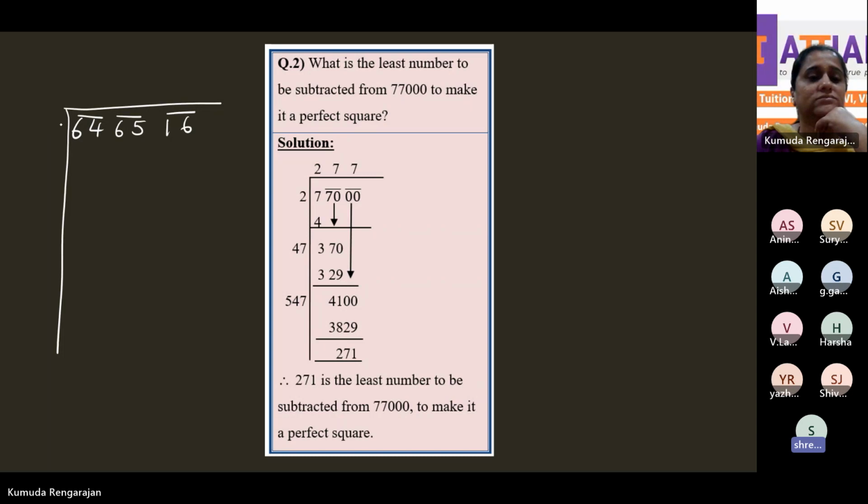So 8 8s are 64. So 8 here and 8 above. 64 over here on the other side. Next step, then 65 comes down. After that, you have to write 64 here.